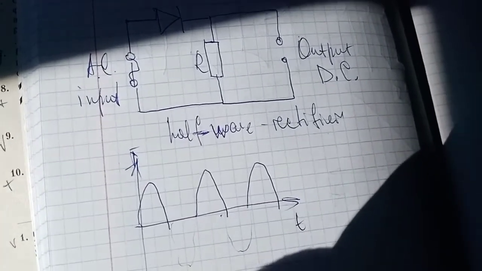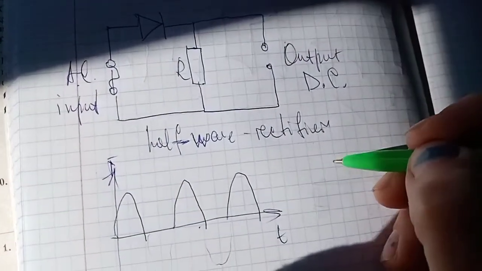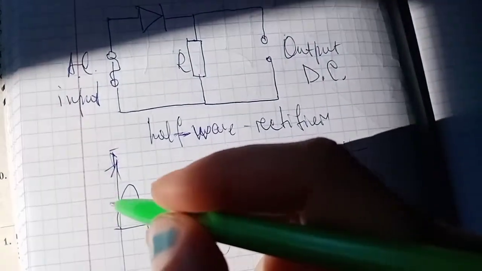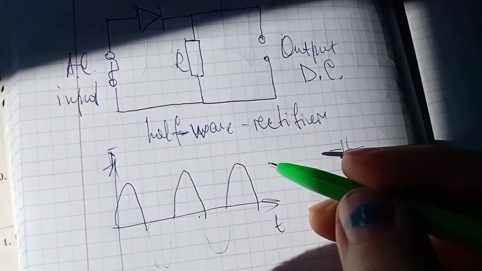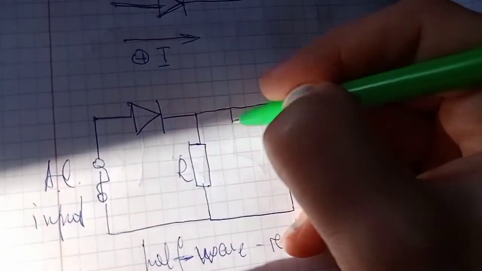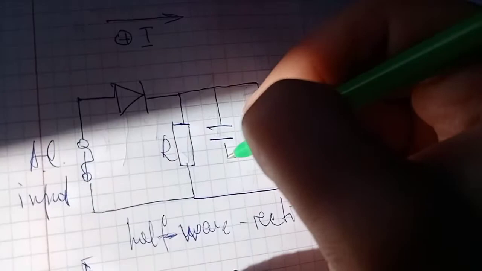That's nice. And here we can use a capacitor to make the current smoother, to make it look more like direct current, more like just one line. So we can put a capacitor here.